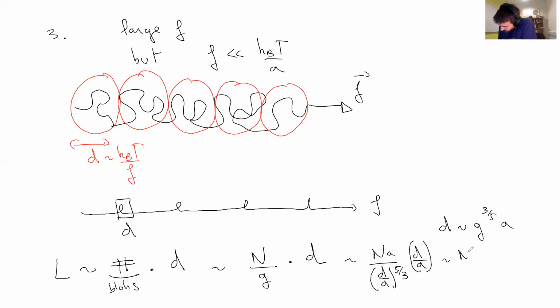So it's typically Na, and then you have a over D to the 2/3. So by this very simple blob picture, you end up with the fact that L is the fully extended version corrected by a factor that depends on D, where D has been already identified as kBT over F.